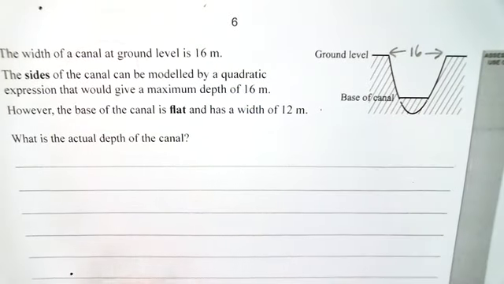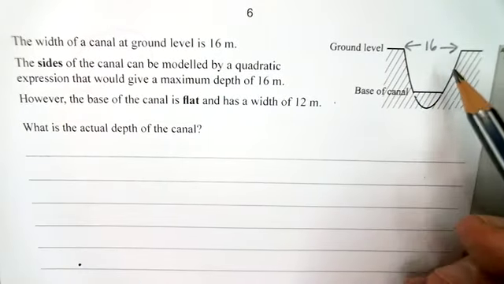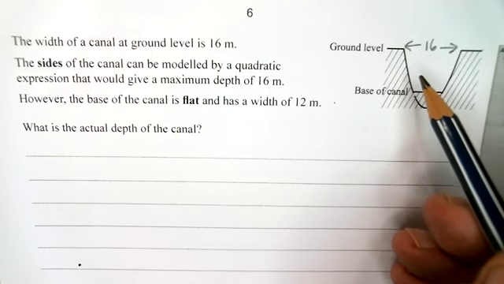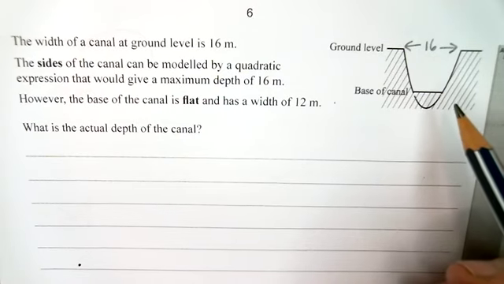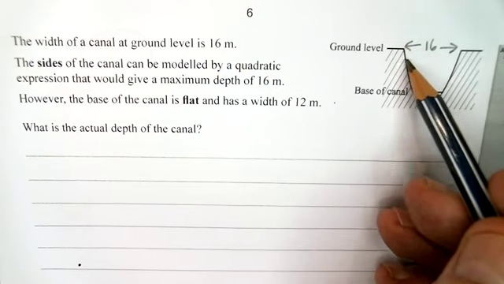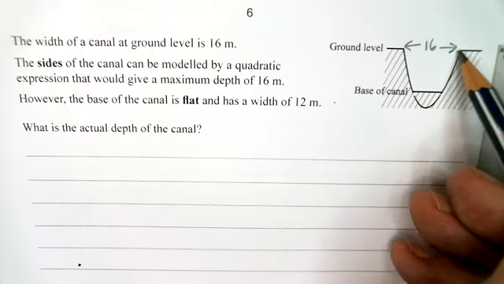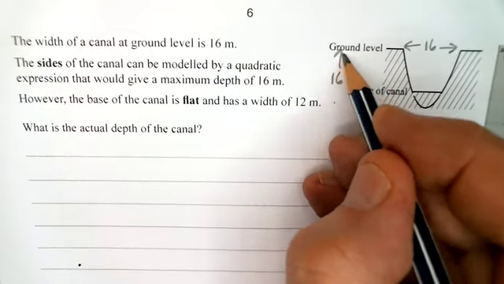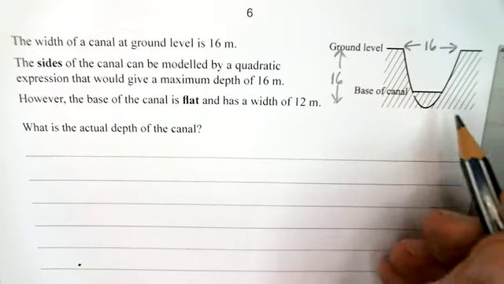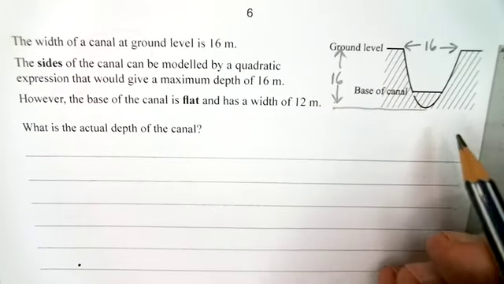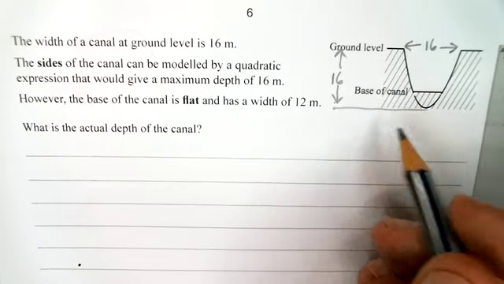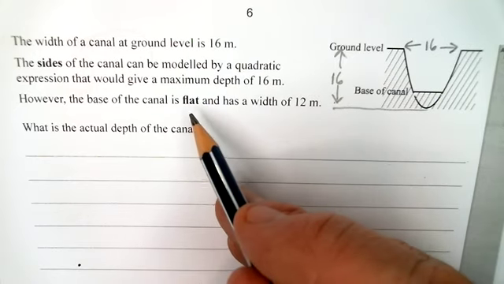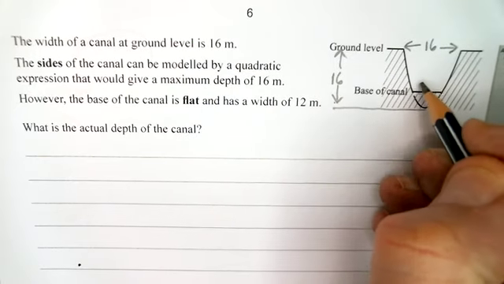Next we're told the size of the canal can be modelled by a quadratic expression that would give a maximum depth of 16 metres. So I assume it means the whole thing there is going to be 16, from the base right through to the turning point here. It says, however, the base of the canal is flat with a width of 12.